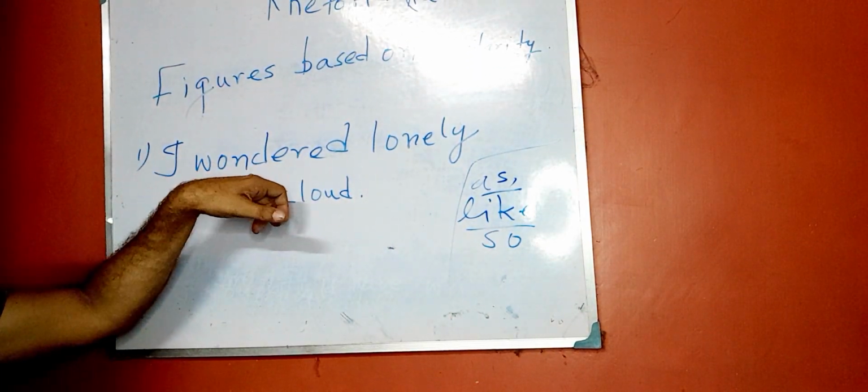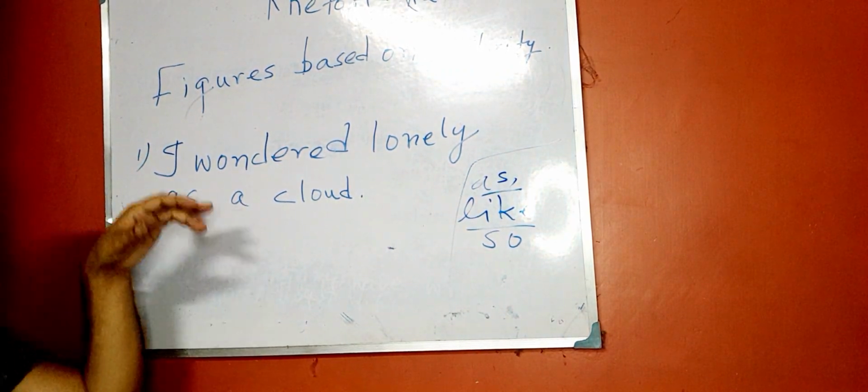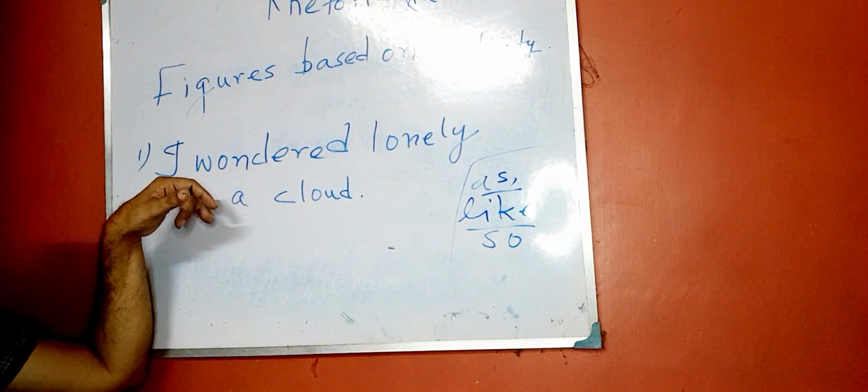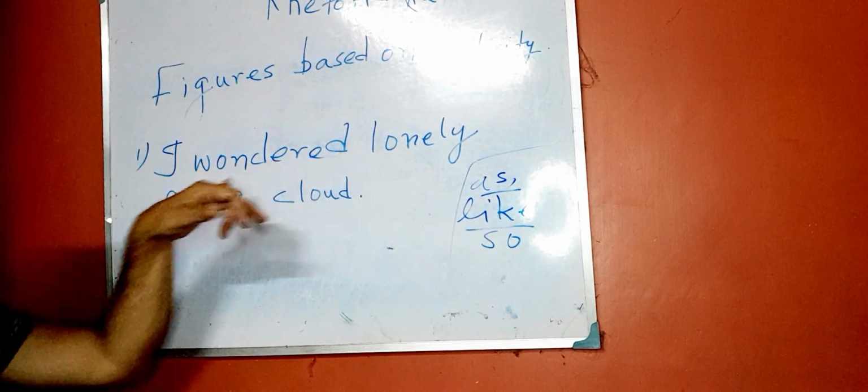Here, I wandered lonely. Who is I? Here it is the poet. I wandered lonely as a cloud.